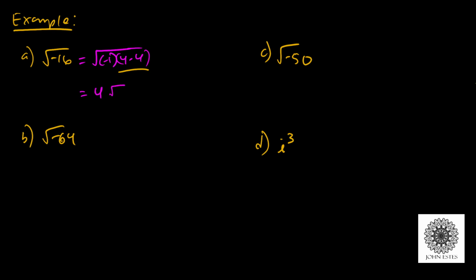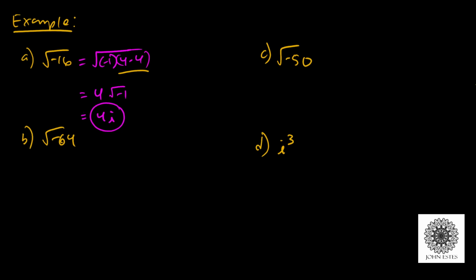So I have a 4 times the square root of -1, and wait a minute, the square root of -1 is that imaginary unit, i. So there it is. The square root of -16 is actually 4i. So now when I think back to the original equation, I can think of some solutions. I know that x can be 4i, and I also know that -4i times itself will also give me -16.